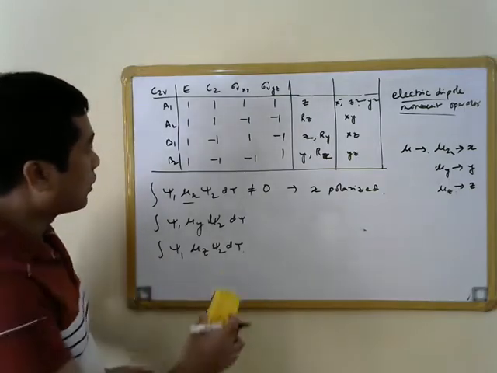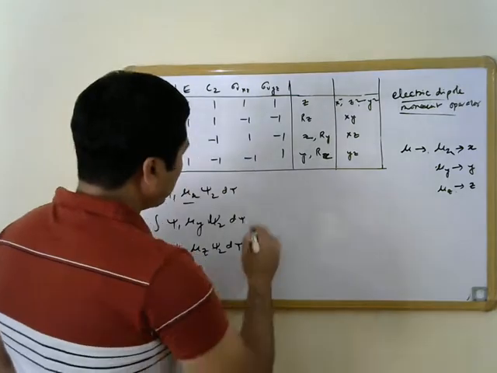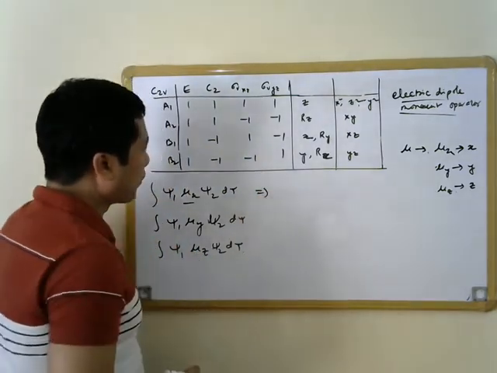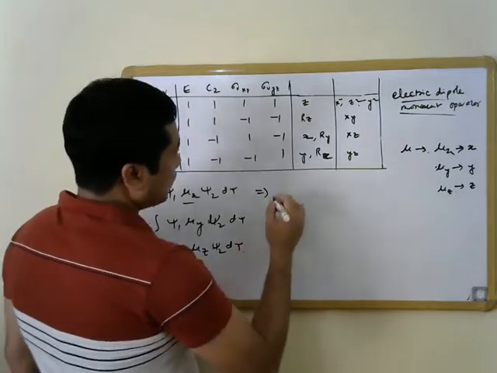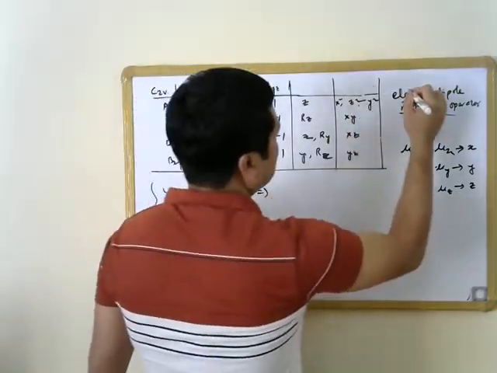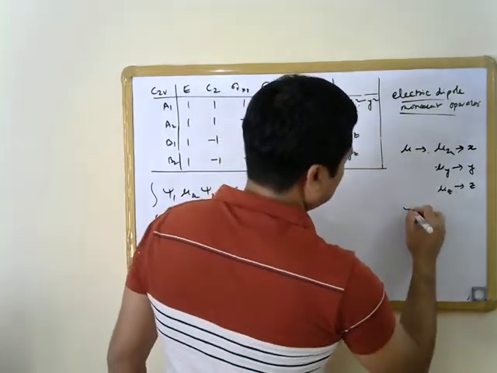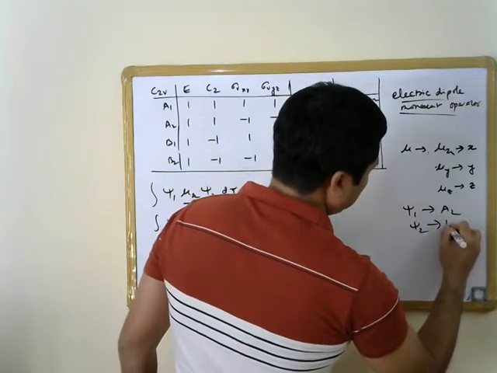So we will find out, and for that we have to essentially do the direct product of psi 1, psi 2, and mu x. We assume that psi 1 transforms as A2 and psi 2 transforms as B1.